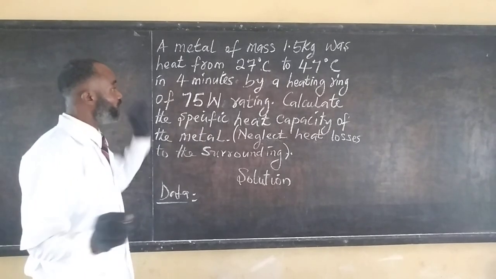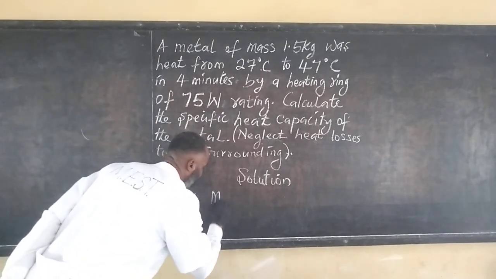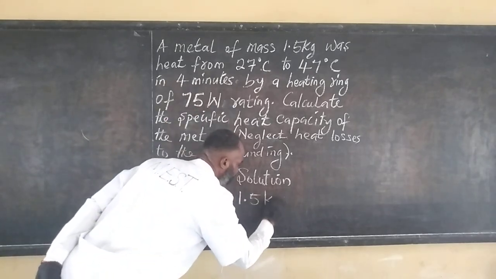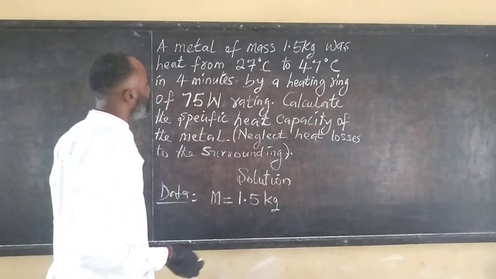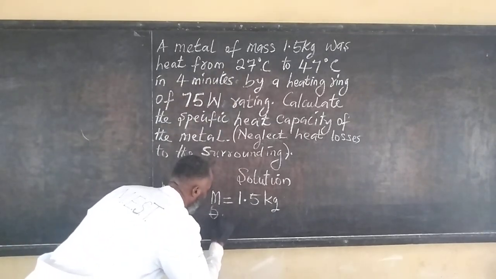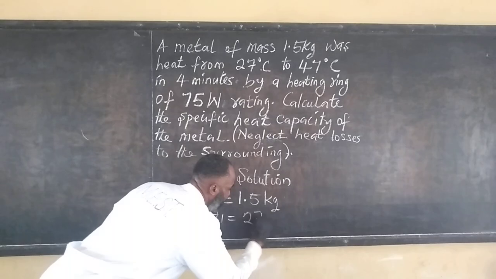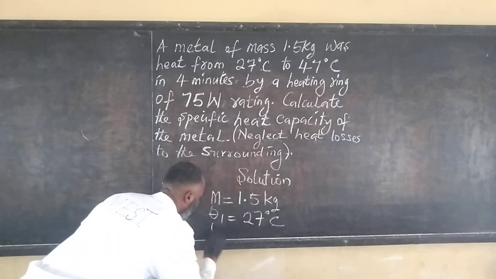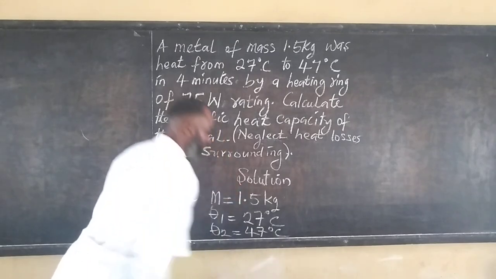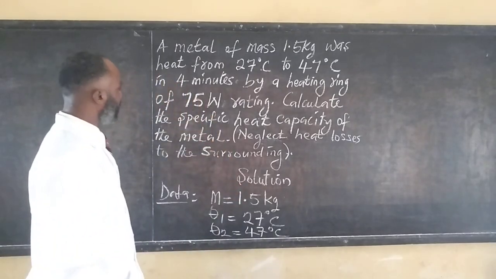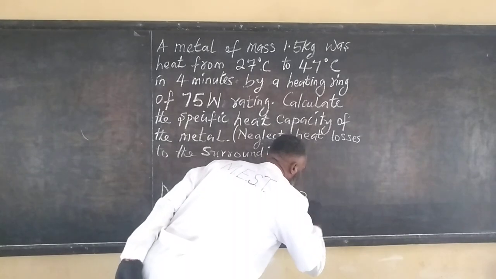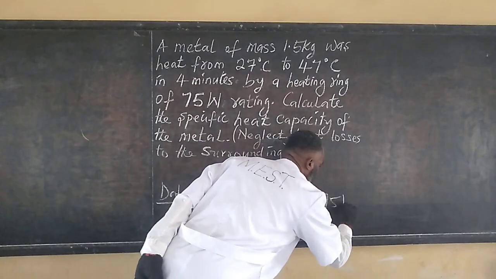That's what it means. So the first one is mass, M, is 1.5 kg. Initial temperature, theta 1, is equal to 27 degrees Celsius. Theta 2 is equal to 47 degrees Celsius. Power, P, of the heating ring is 75 watts.